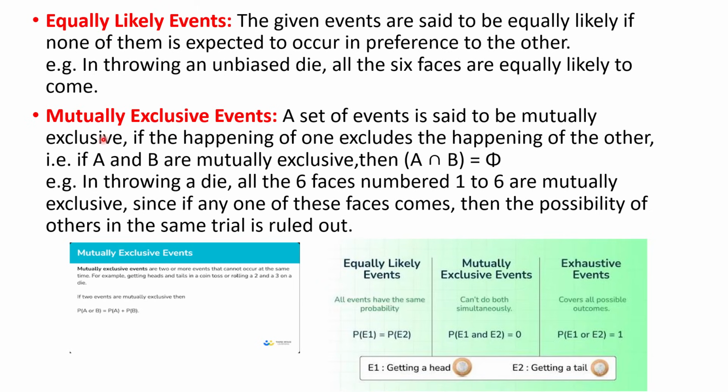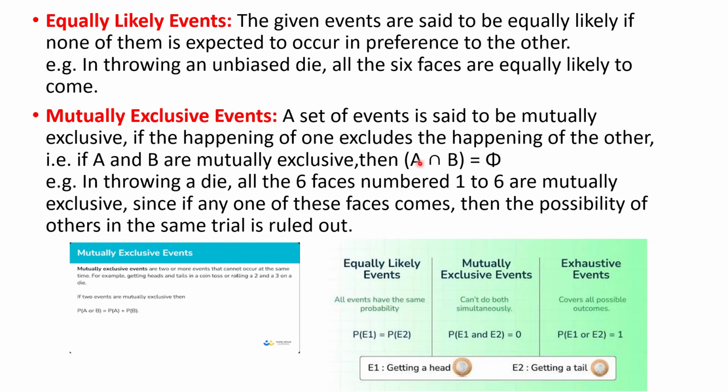Now, mutually exclusive events. A set of events is said to be mutually exclusive if the happening of one excludes the happening of the other. Basically, we say exclusively for you, meaning none other than you. That is the case with mutually exclusive events. If A and B are mutually exclusive, then A intersection B will be phi, meaning nothing will be common.